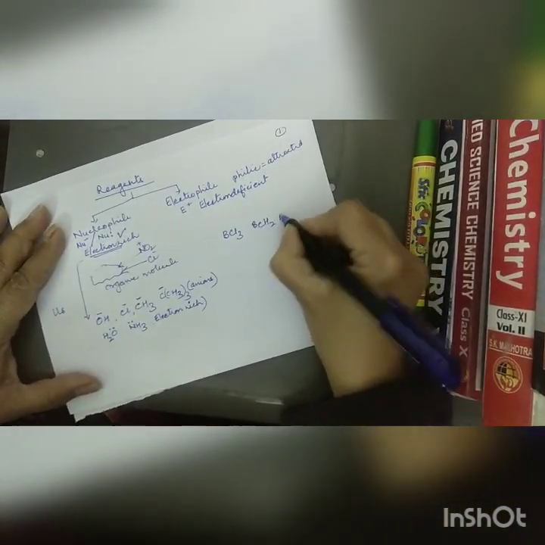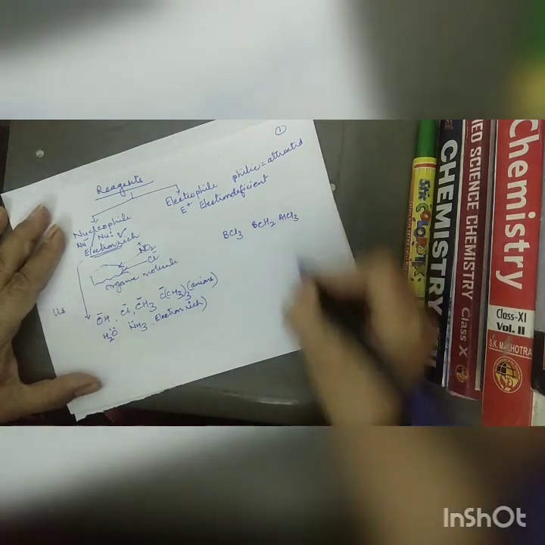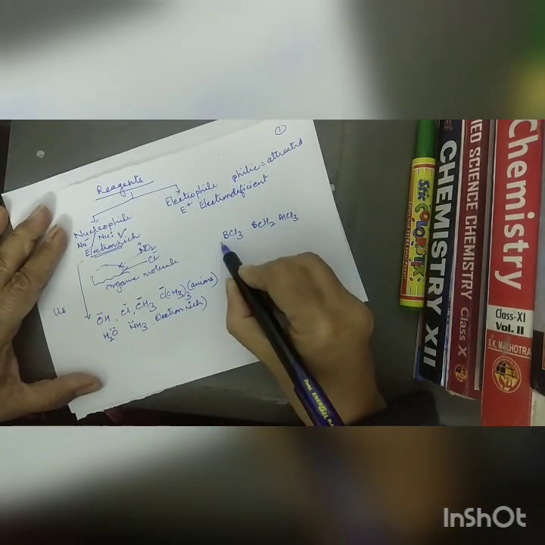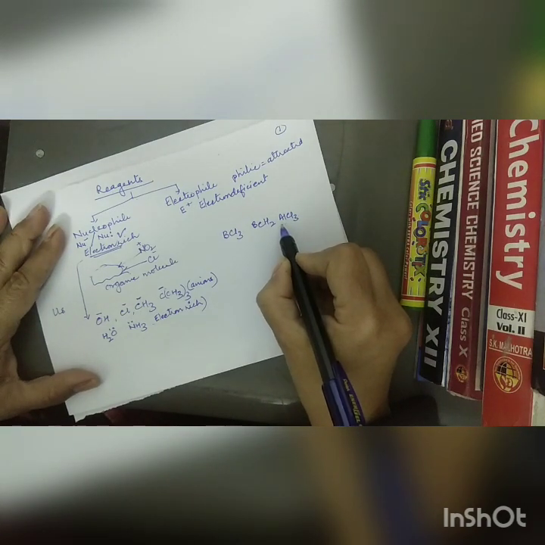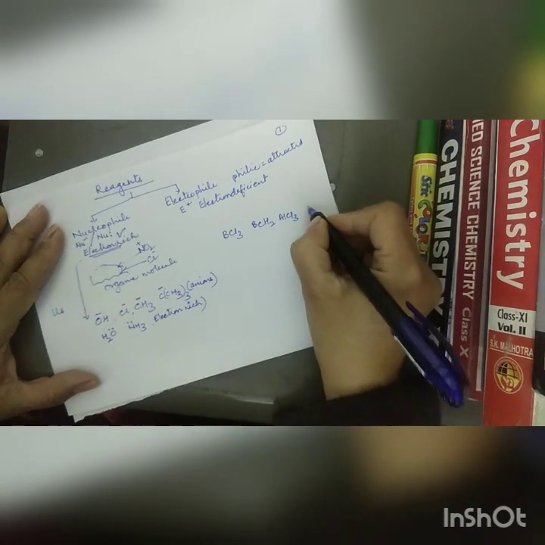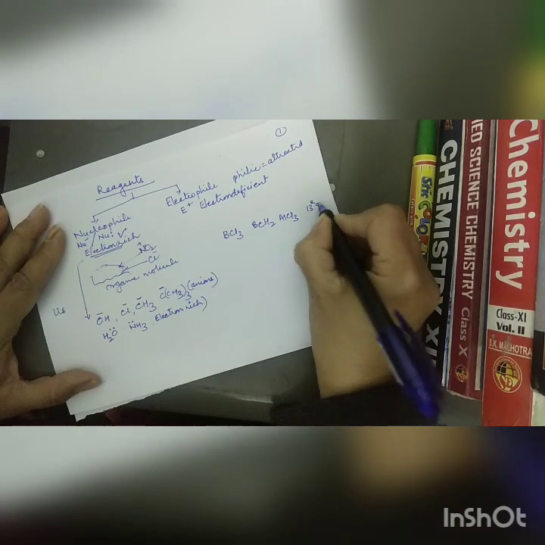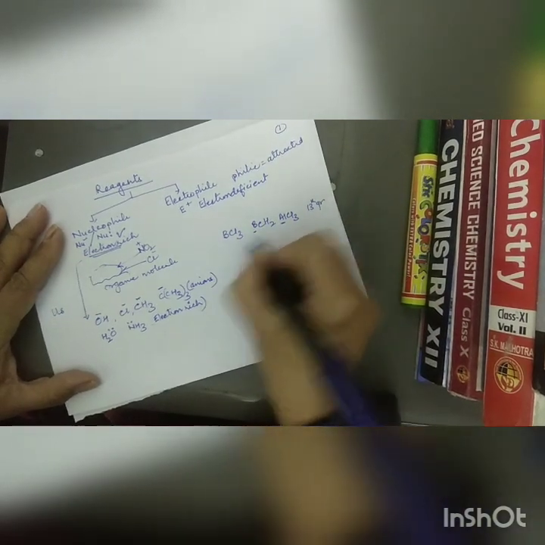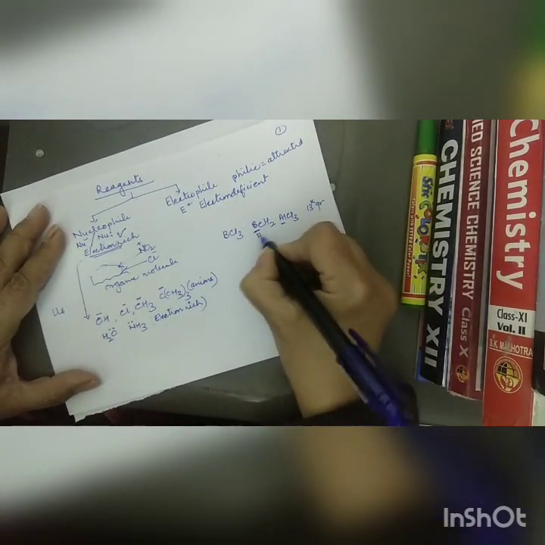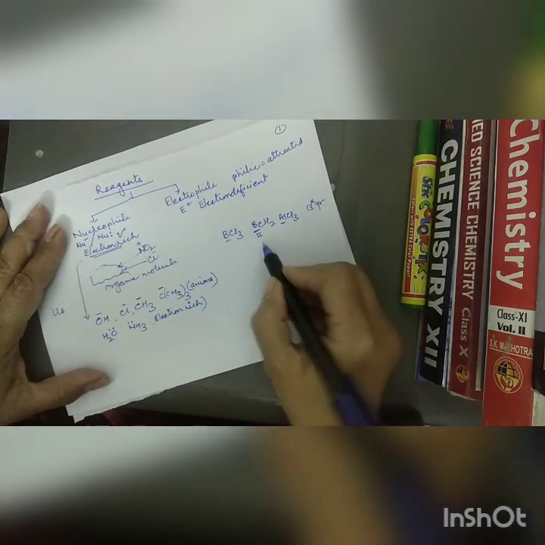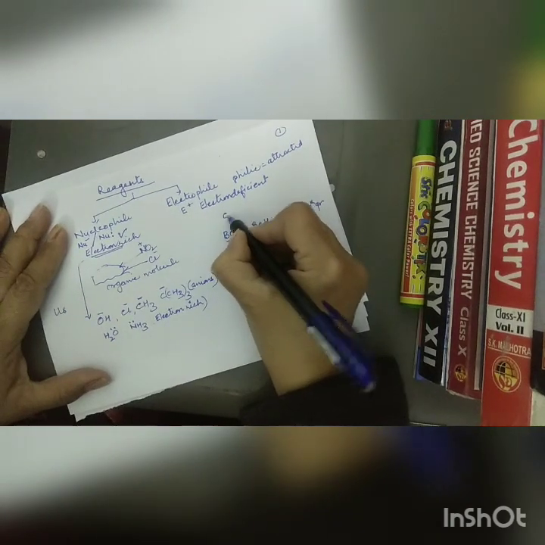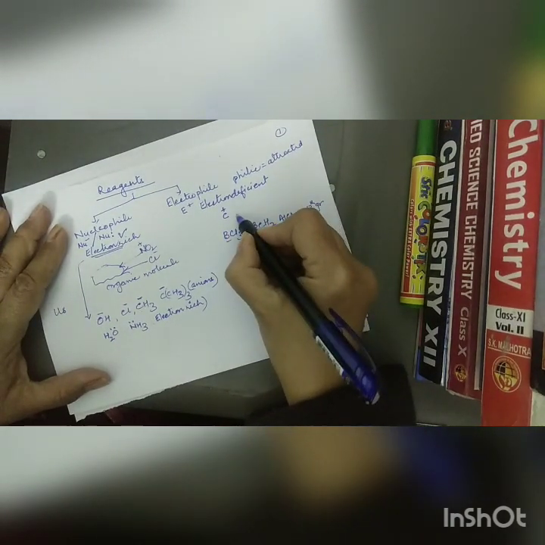Then AlCl3. They are electron deficient molecules, neutral but electron deficient. Look, aluminium and boron are 13th group elements; beryllium is second group. Then positively charged species, a carbocation with a positive charge.